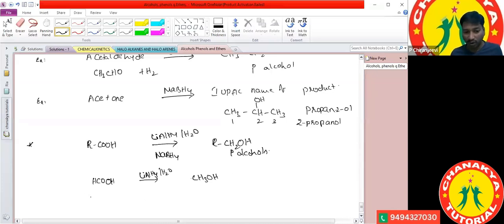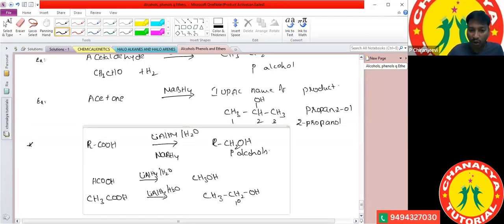For example, if you take acetic acid, CH3-COOH, and reduce it with lithium aluminum hydride in presence of H2O, it is converted into ethanol, CH3-CH2-OH. That means the OH group is attached to the terminal carbon only. If the OH group is attached to the terminal carbon, we call it a primary alcohol.